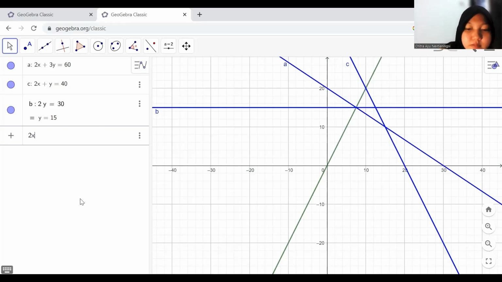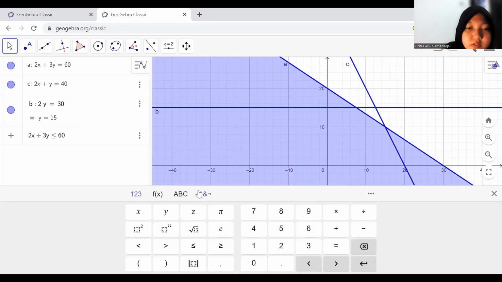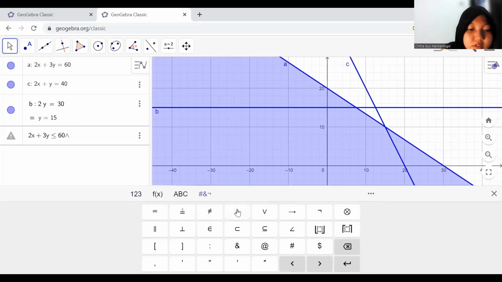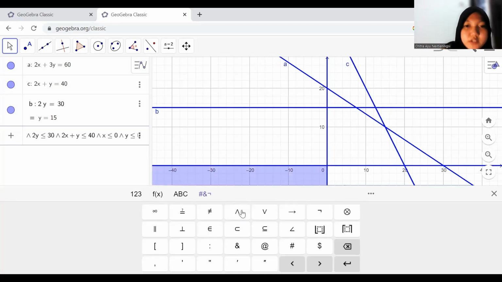Okay, 2x plus 3y less than or equal to 16. 2y less than or equal to 15, and 2x plus y less than or equal to 14, and also x greater than or equal to 0, and y greater than or equal to 0.